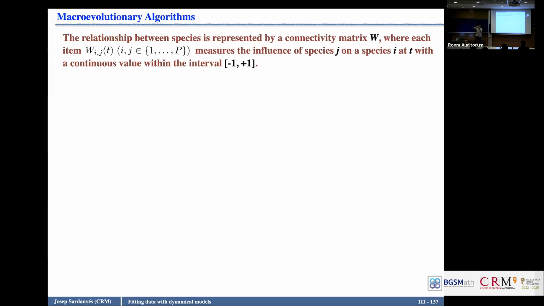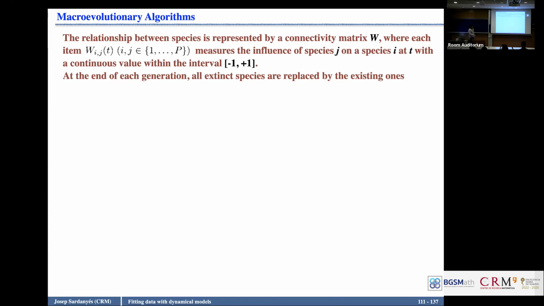It can be positive or negative. I can have cooperation, or I can have competition. And I can give a value depending on this interaction between species i and j in an interval from -1 to +1. I can use different numbers.